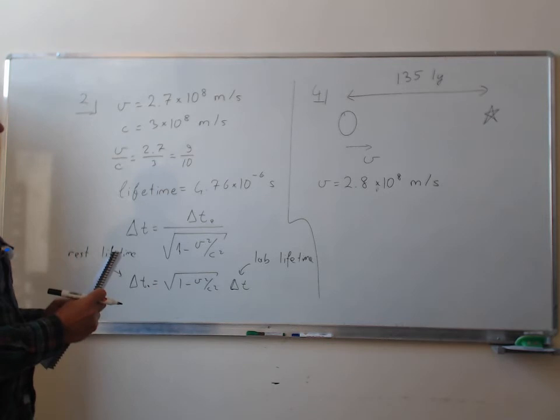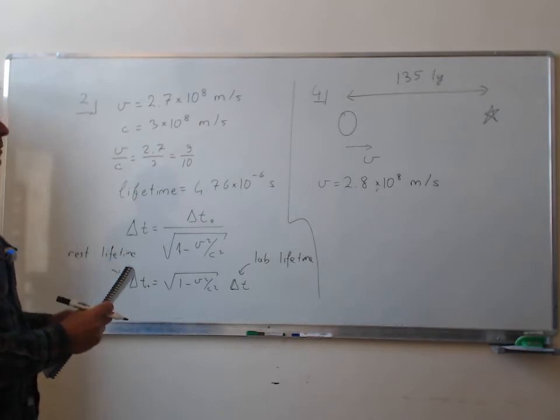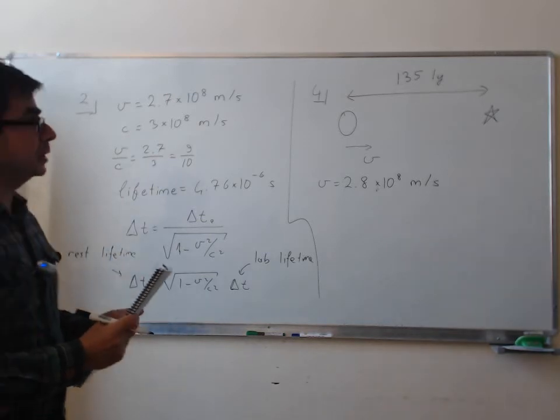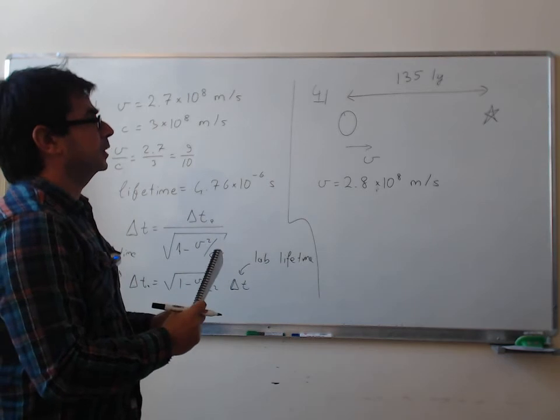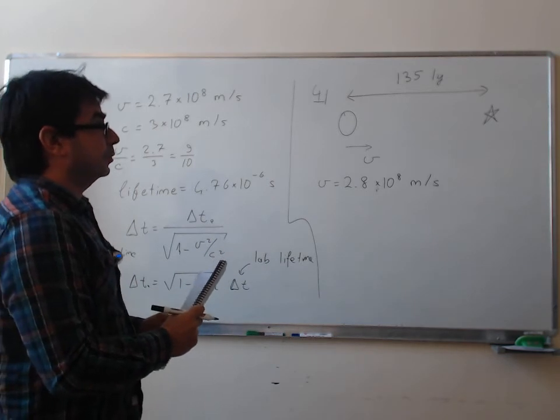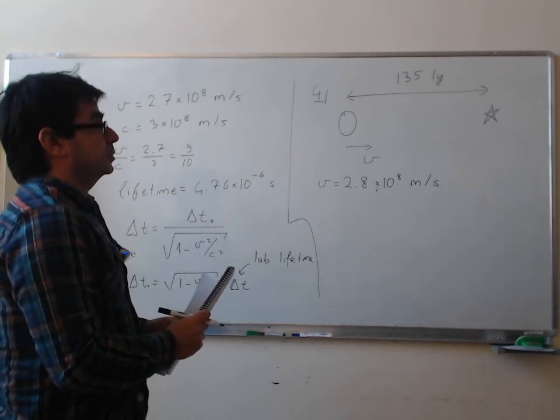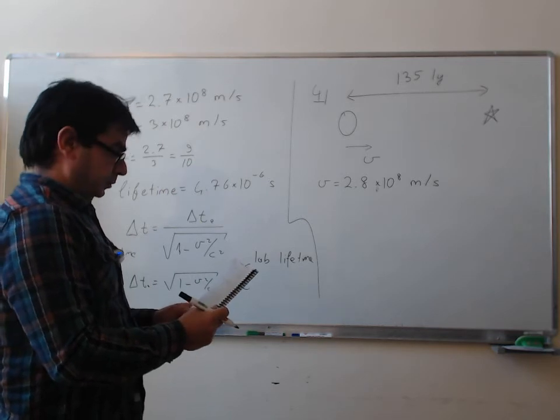Sometimes an assumption will make the problem trivial, and then you should not make that assumption. But here, this is reasonable. So the assumption we are making is that this 135 light years is measured in the rest frame of Earth, and the rest frame of Earth is also the rest frame of the star that we are trying to go to.